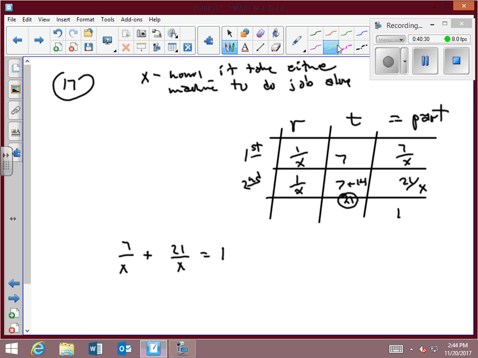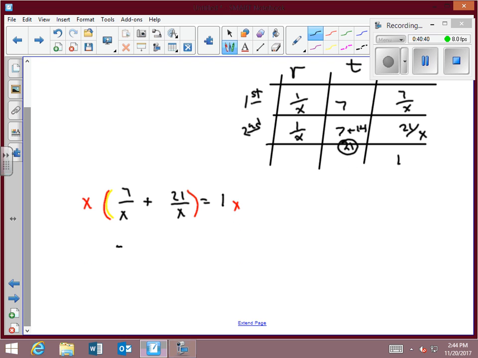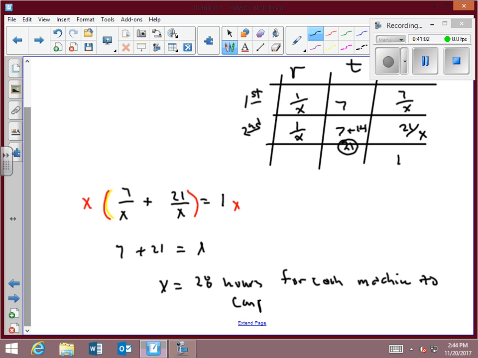So you find the least common denominator, which is X, and you get 7 plus 21 equals X. So X is going to equal 28 hours for each machine to complete the job when working alone, right?